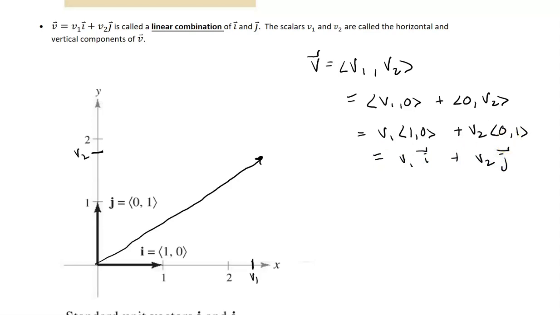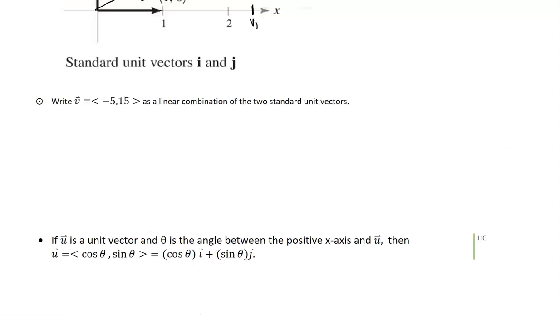So if we were to locate the point (v1, v2), you could think of it as the resulting vector of v1 copies of i plus v2 copies of j, and then this would be v1 i plus v2 j, or the vector v. So a vector like v, which is <-5, 15>, would be -5i plus 15j.